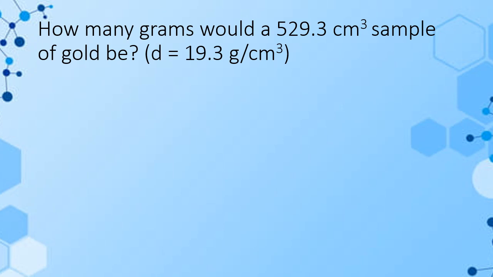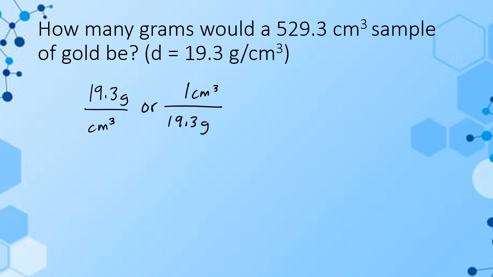So for gold, the density is 19.3 grams per centimeter cubed, and we can write that as a conversion factor just as it's written, 19.3 grams per centimeter cubed. We can also flip that around just like we've been practicing so far. We can also say 1 centimeter cubed per 19.3 grams of material. Both of those relationships say the same thing, so we can use it whichever way we need.